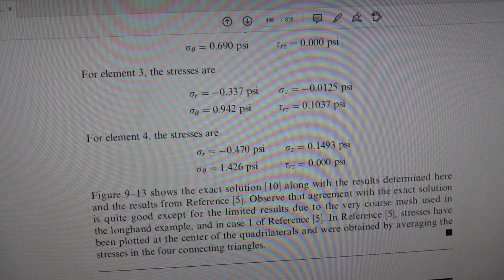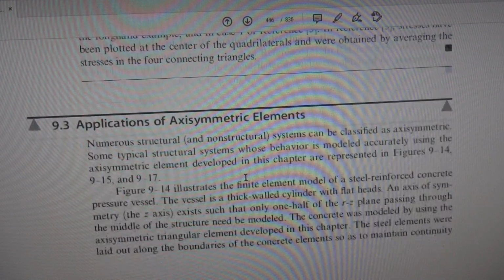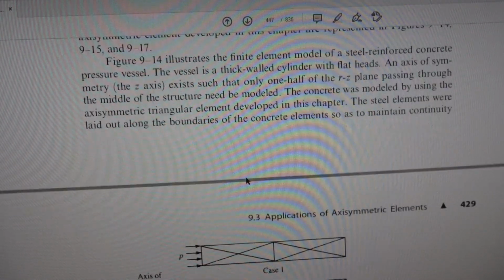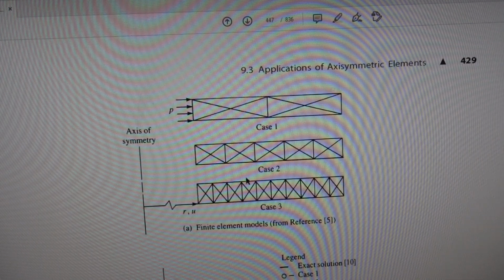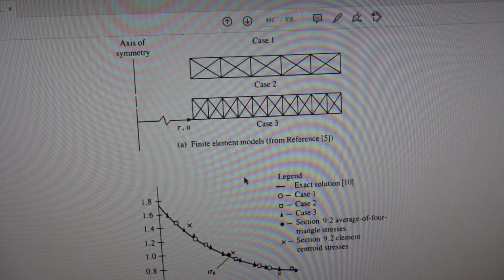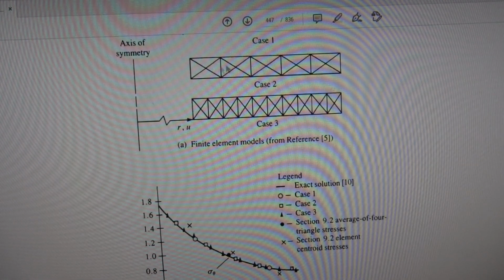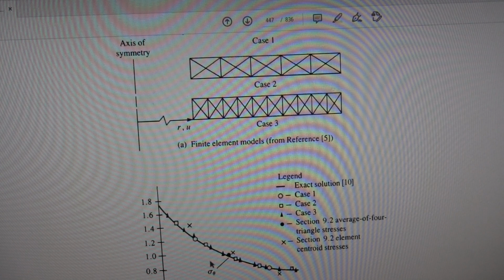When you compare with the theoretical solution, the exact solution may differ, because there are only a few elements. When the number of elements is increased, you can get solutions which match the analytical solutions.